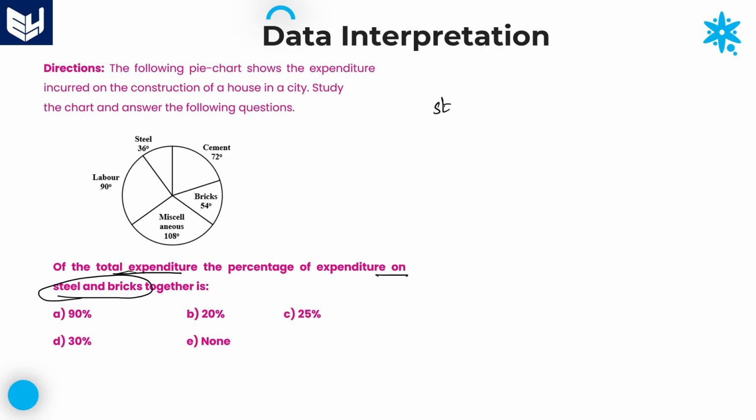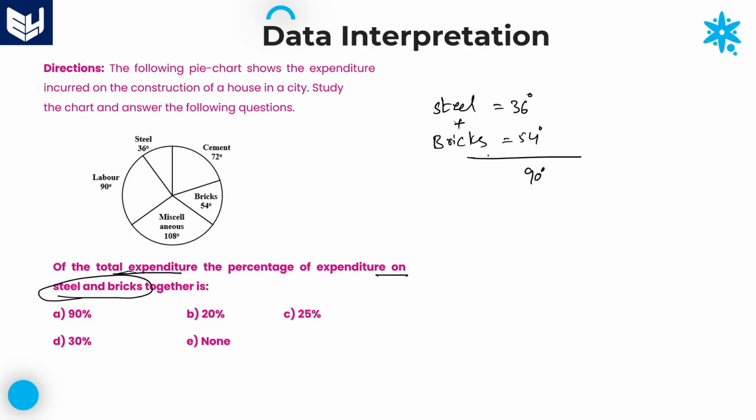Here the value of steel is 36 degrees, whereas bricks is 54 degrees. Now, as we are talking about together, add these two. Together is nothing but summation of these two, 36 and 54, which is equal to 90 degrees.